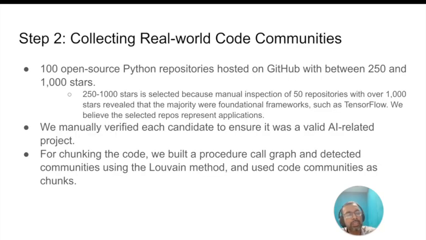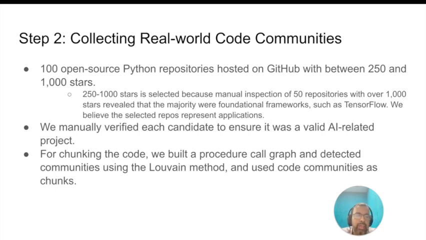Now we went to the second step, which is to find 100 code repositories to represent AI applications. We went to GitHub and we selected 100 Python repositories which have stars between 250 and 1000.